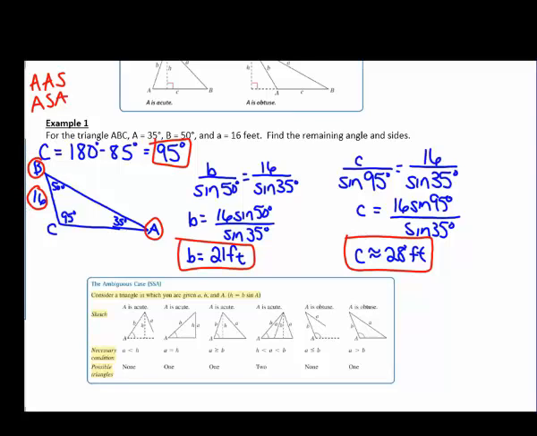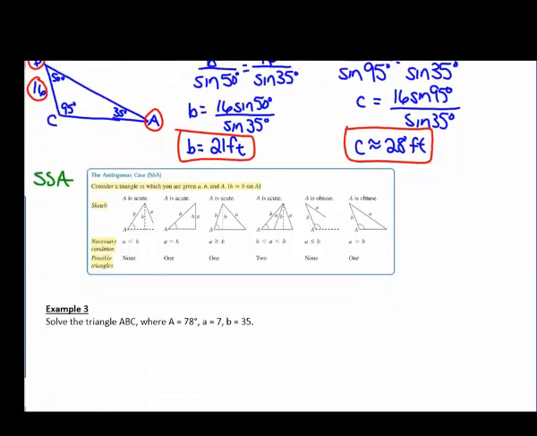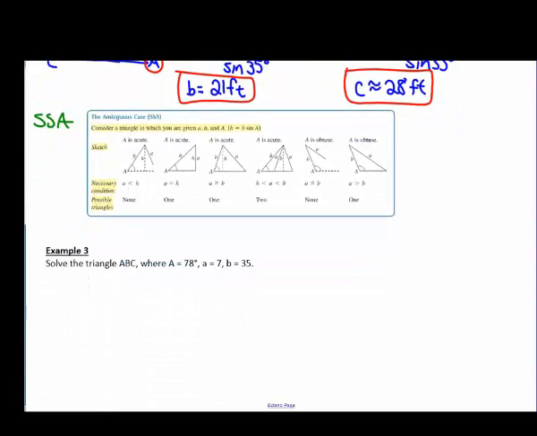And then there was one more shortcut that we couldn't use in geometry because it didn't always work. And that's what this ambiguous case is. It is the side-side angle case. And if you remember from geometry, we couldn't use that because sometimes we got more than one triangle.